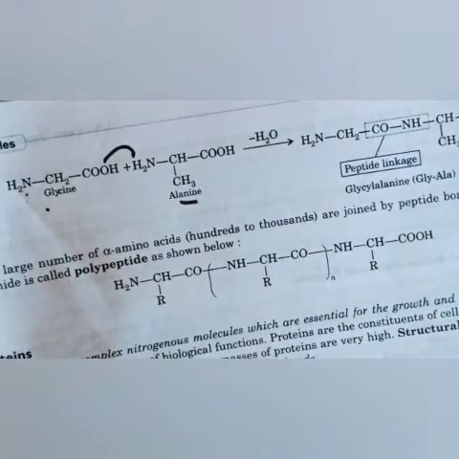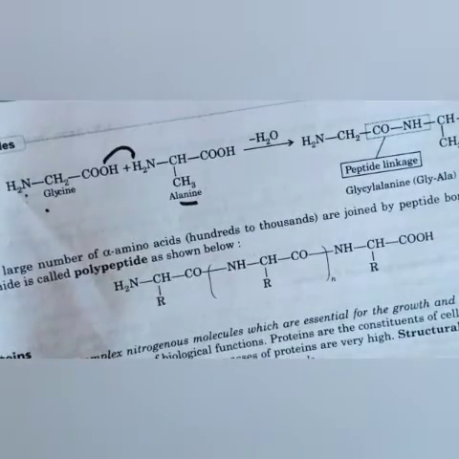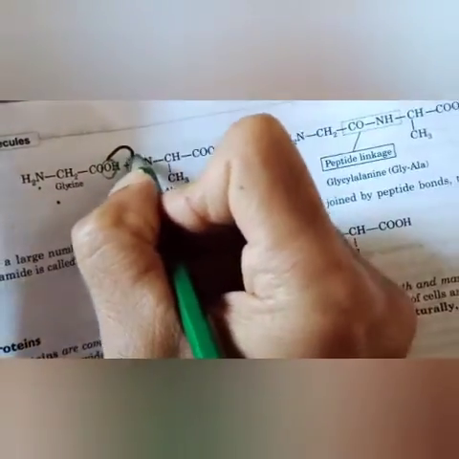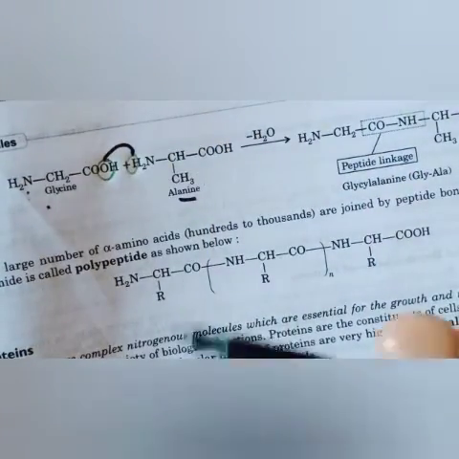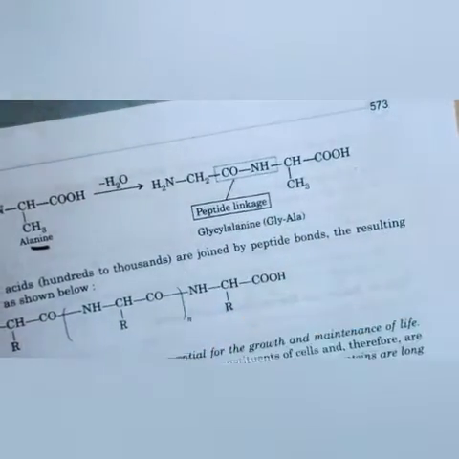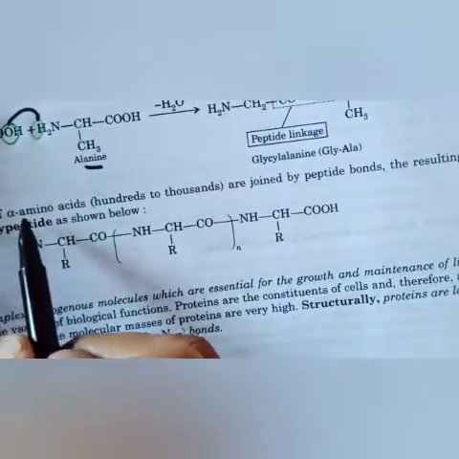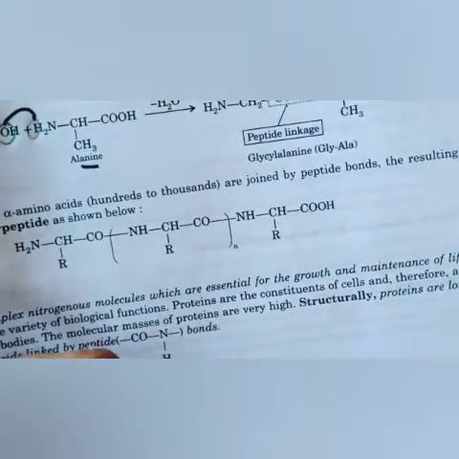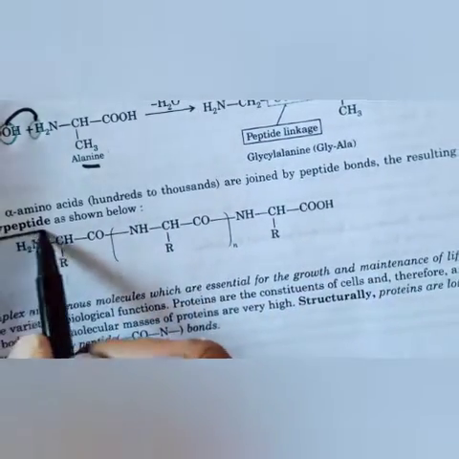Like this way we can see, OH from here and one H from here. It will release H2O, then we get this linkage, that is the peptide linkage. If a large number of alpha amino acids, 100 or 1000, are joined by peptide bonds, the resulting polyamide is called a polypeptide.